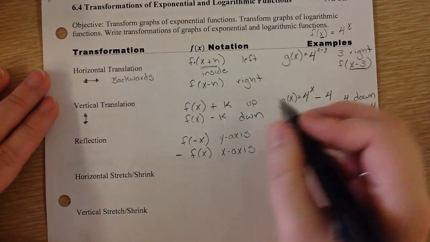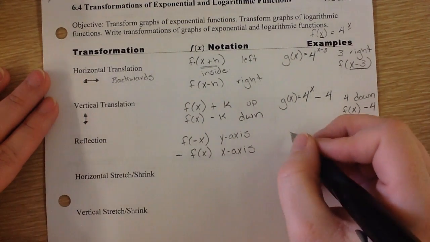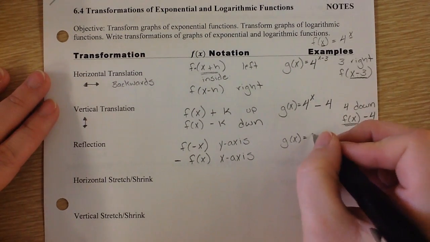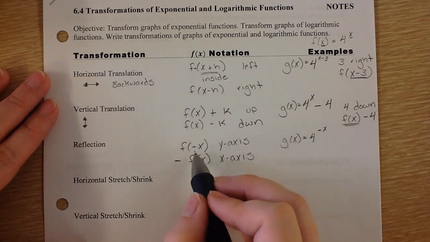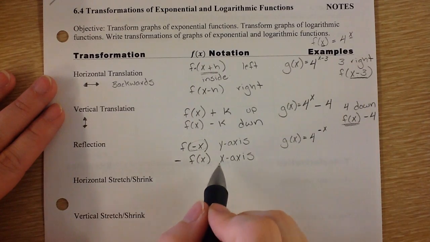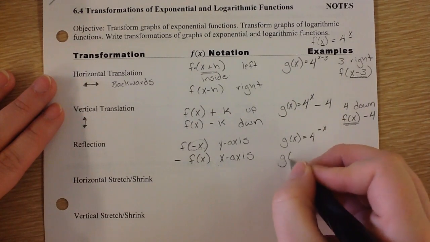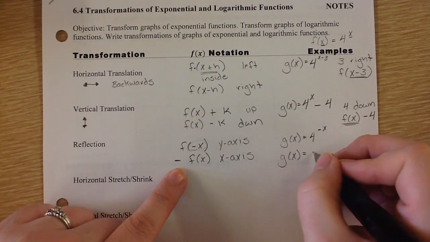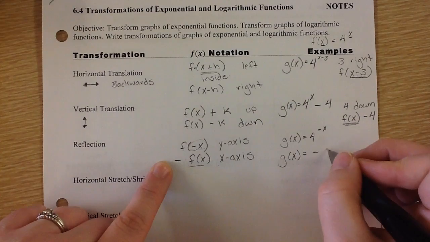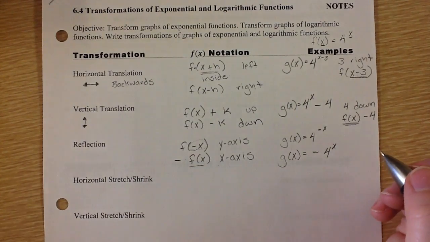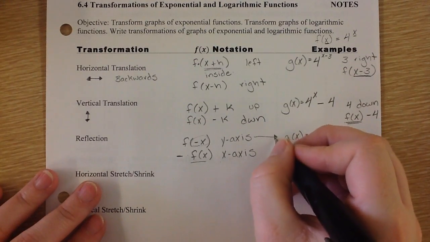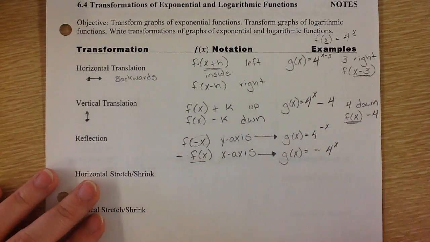So for example, a y-axis reflection of my original parent function, 4 to the x, would be 4 to the negative x, because I put a negative x into my function for x. Whereas an x-axis reflection would be multiplying on the outside of my function: negative times f of x would be negative times 4 to the x. So this will reflect it in the y-axis, and it will look like that. This will reflect it in the x-axis, and it will look like that.